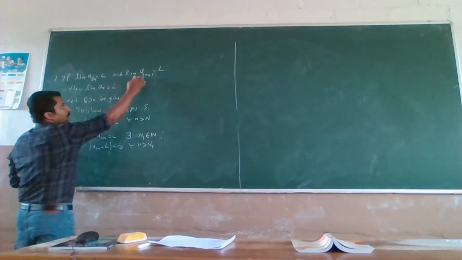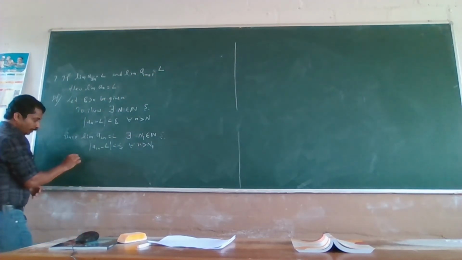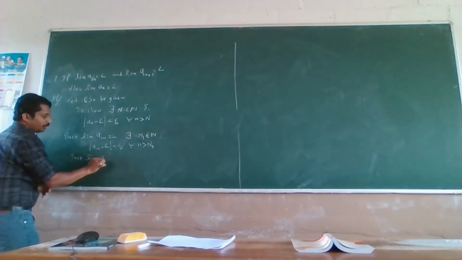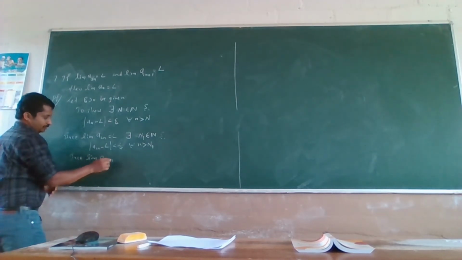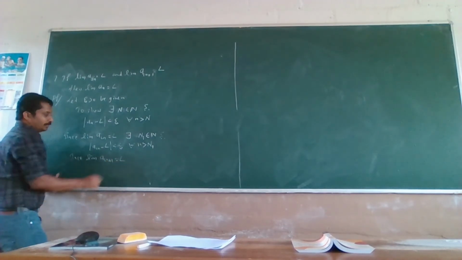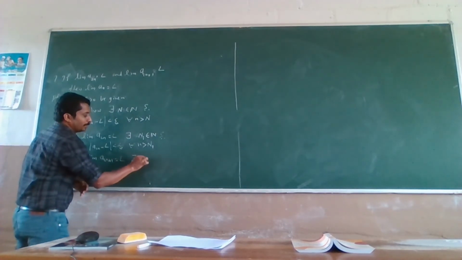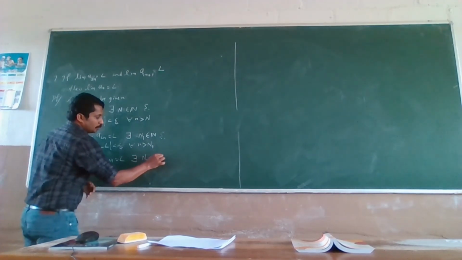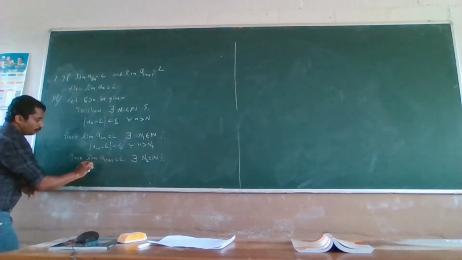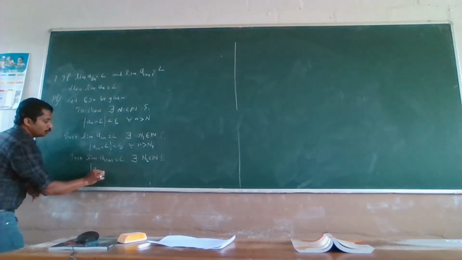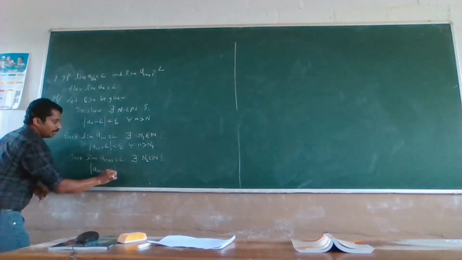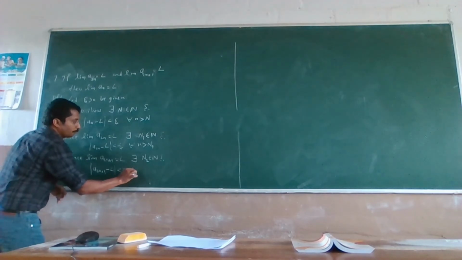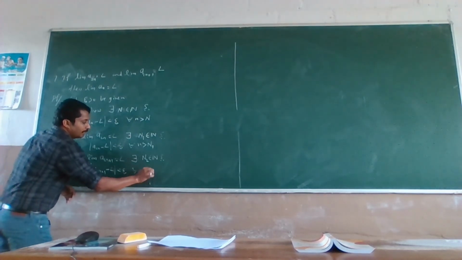Similarly, since limit of a_2n+1 is equal to l, there exists another natural number, say N2, such that modulus of a_2n+1 minus l is less than epsilon for every n greater than N2.